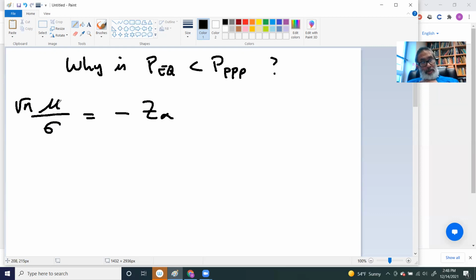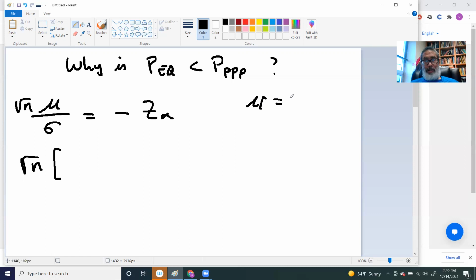Now, this mu right here, if you think about it, this is going to be the benefit. This mu, even though I developed this from the random variable principle, this is really the expectation.